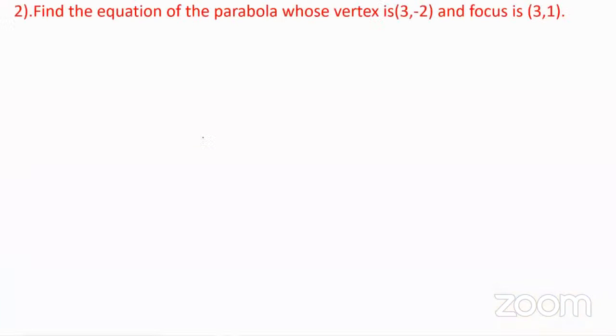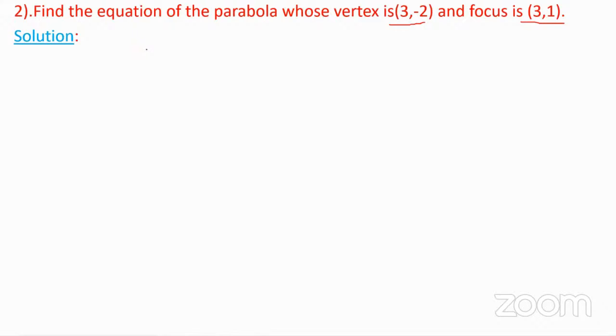Next, find the equation of the parabola whose vertex is (3, −2) and focus is (3, 1). In the previous first problem we discussed the same kind of problem, but here we find the equation. That was the general equation.